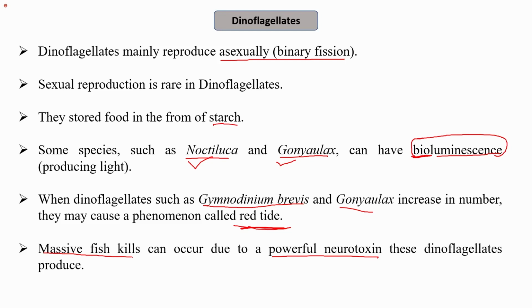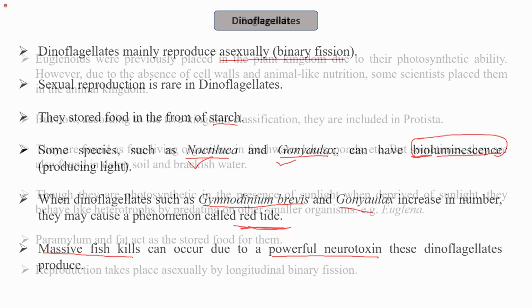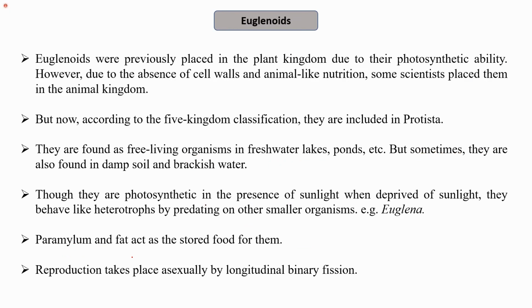And they produce neurotoxins that harm the neurons and lead to massive fish killing when released into the environment. They are really harmful for the fish and also for humans, and they can enter into the food cycle through the fish. The next class is the euglenoids.